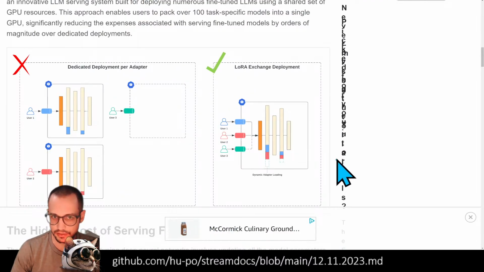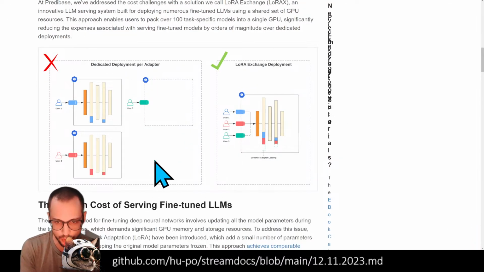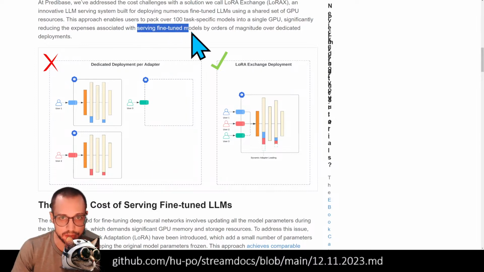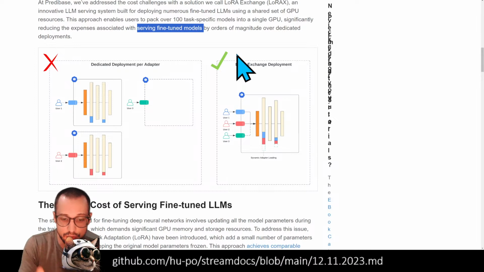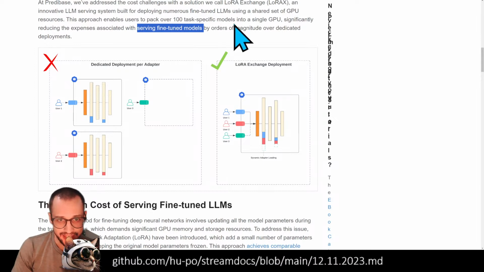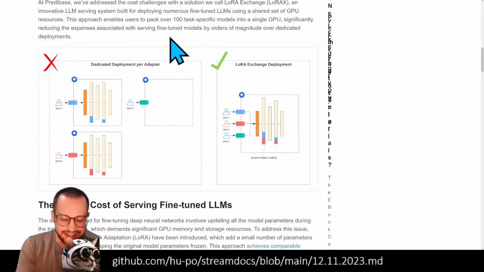Let's say that you're a startup, or a company that is serving models, so serving fine-tuned models. What does that mean? If you think about the terminology of the web, you have clients, which are your customers, and then you have the servers, which are you providing something to your customers. In this case, you're providing intelligence to your client, the user, and that intelligence is provided via different fine-tuned models.